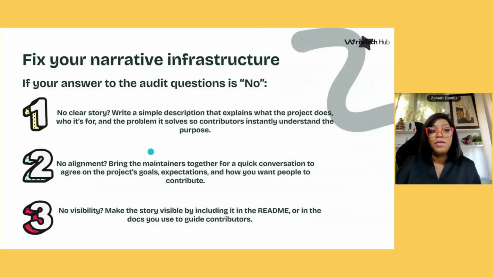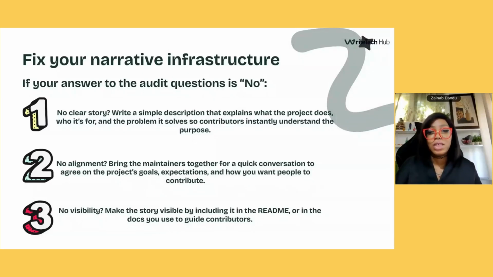If your answer to these questions that I asked previously is no, if you don't have a story, then you need to write a clear project narrative. Include the aim and goals of the project, so that contributors can have context. If there's no alignment, define the project values, contribution principles, PR templates, contribution guidelines, issue templates. This aligns contributors and keeps contributions high quality.